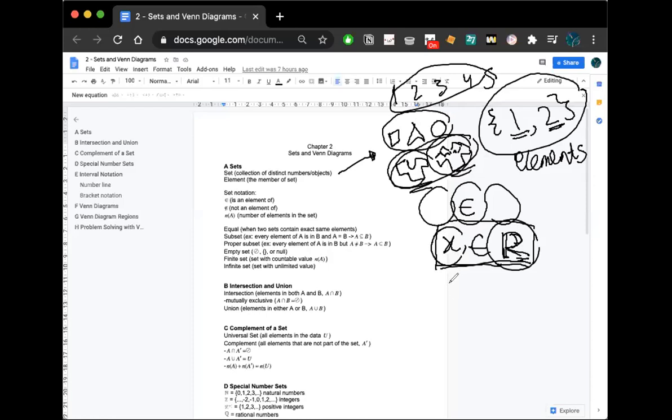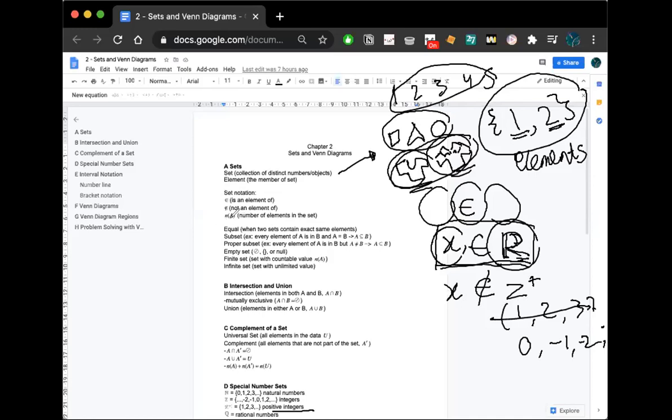And if they have, for example, X with the crossed-out sign, it means X is not an element of, say, Z plus. In this case, Z plus means positive integers. So X is not 1, 2, 3. X can only be 0, -1, -2, -3, and so on.